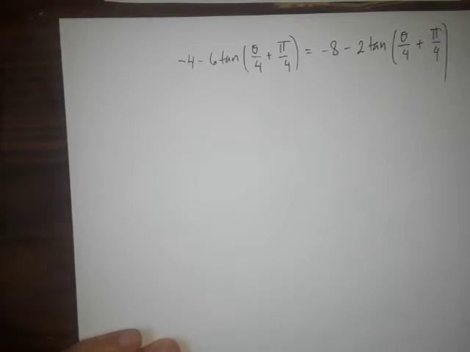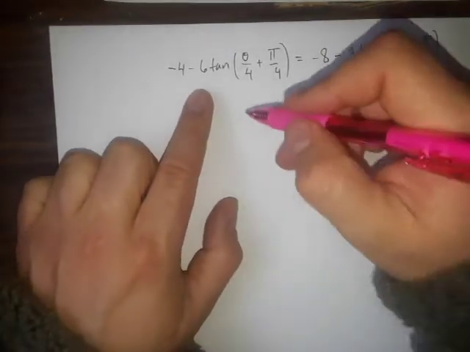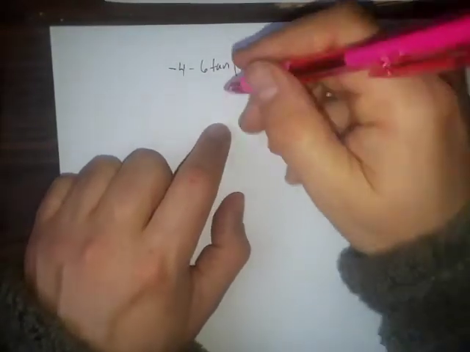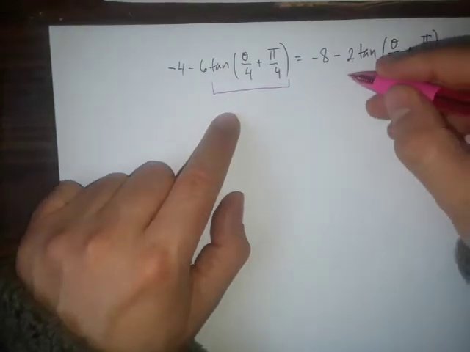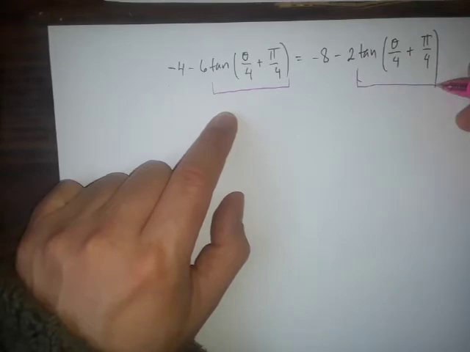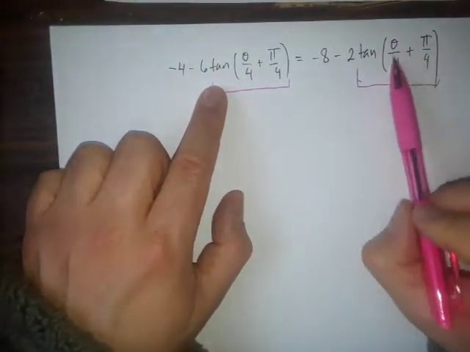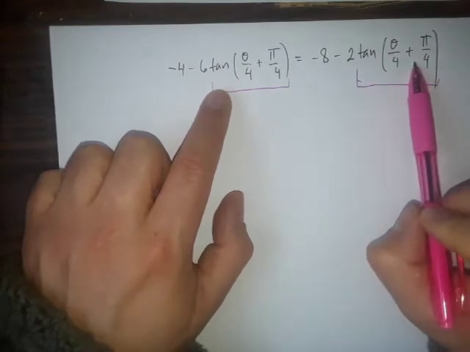So one of the things I observe here right away that is going to make this equation much easier is that, even though I have tangents on both sides, the argument that these tangents have is actually the same. If you can see, what is inside of the parentheses is the same thing, which is very important, because otherwise this equation would be much more difficult.